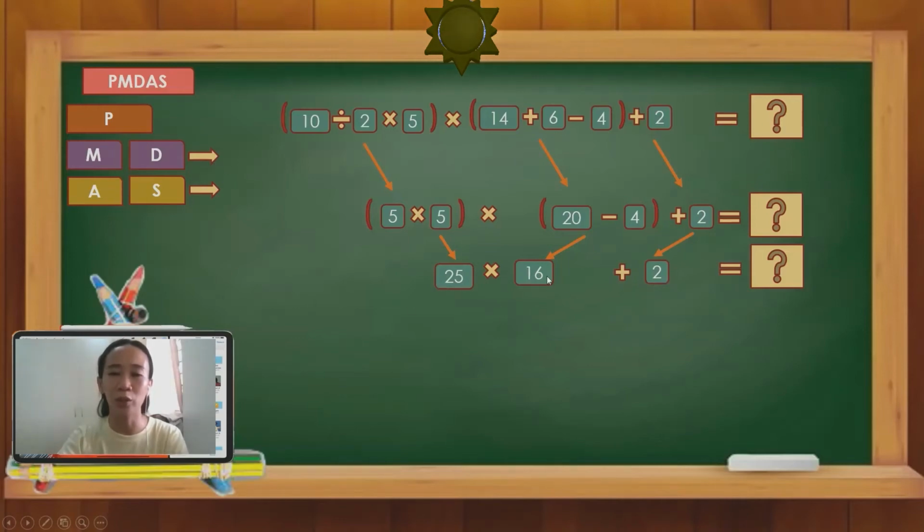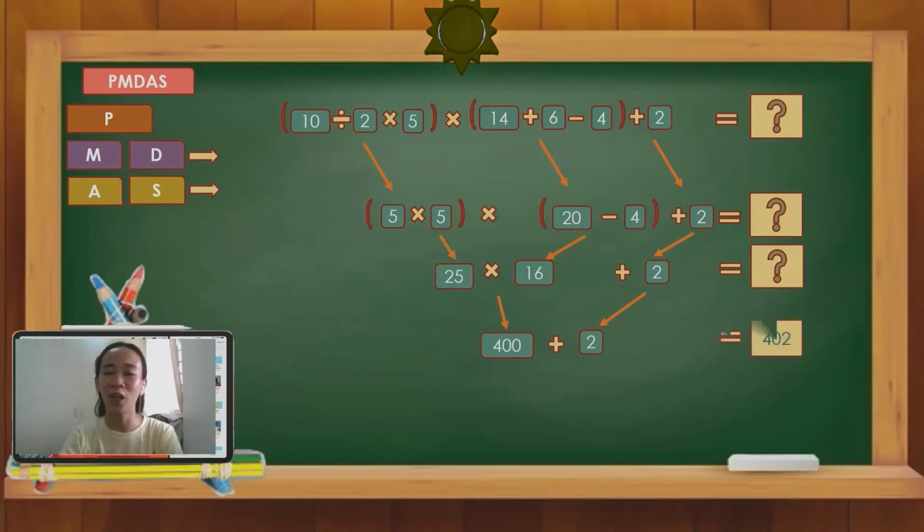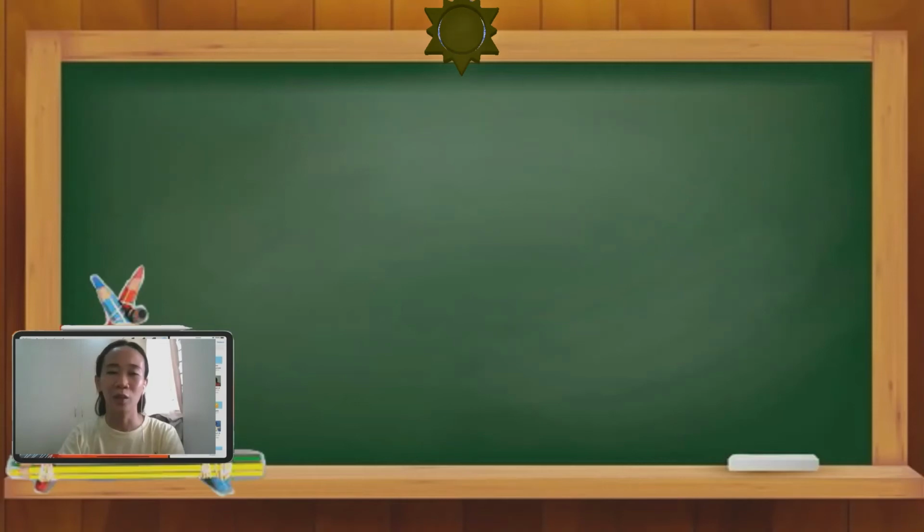So we are going to multiply 25 by 16 first. So that will be 400. Then add 2. 400 plus 2 is equal to? What is 400 plus 2, Guadans? Excellent, Guadans. That is 402.